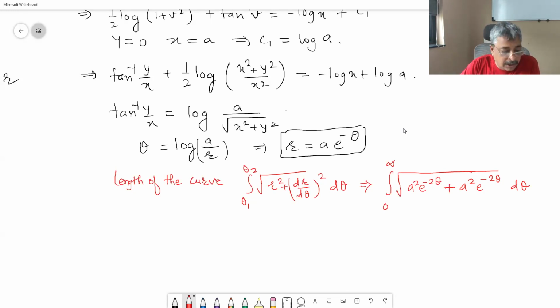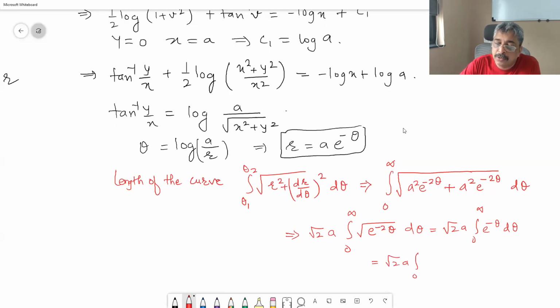Inside the radical it becomes 2 a squared, so it is root 2 times a, integral 0 to infinity, radical e raised to minus 2 theta. So e raised to minus theta squared and the radical will get cancelled, and it is equal to root 2 a, integral 0 to infinity, e raised to minus theta d theta.